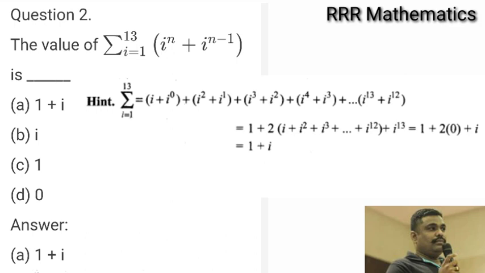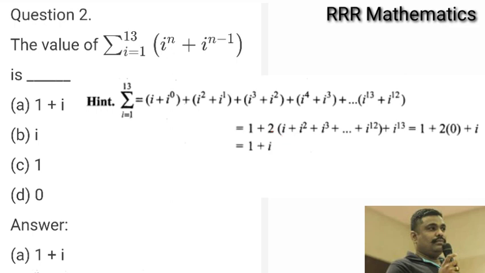In this case, sum of 4 consecutive numbers gives 0. Therefore, first 4 terms give 0 and the next 4 terms give 0 and the next 4 terms give 0. Finally, i power 13 is left, which gives i, because 13 can be written as 12 plus 1. So i power 1 is left.